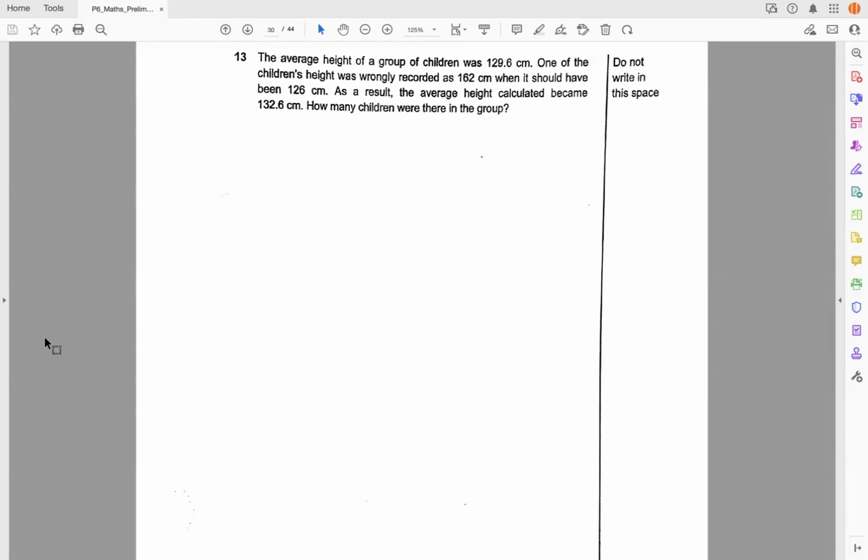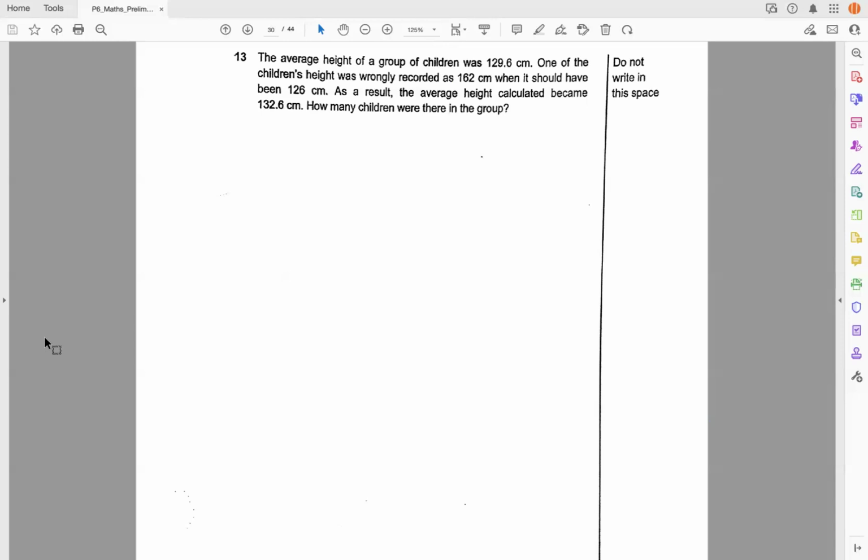So the average height of a group of children was 129.6. One of the children's height was wrongly recorded as 162 centimeter. It should have been 126.